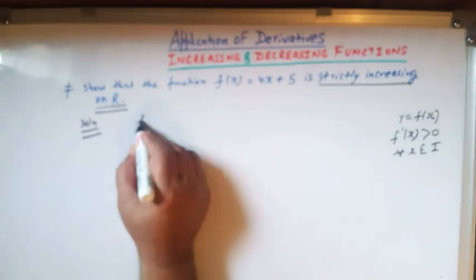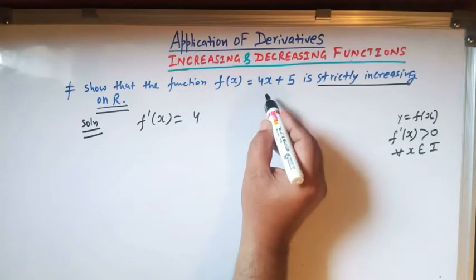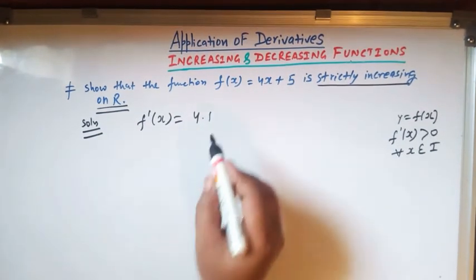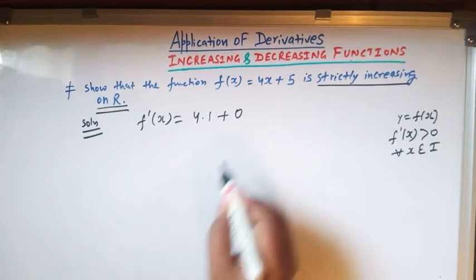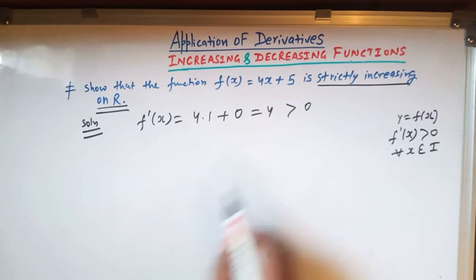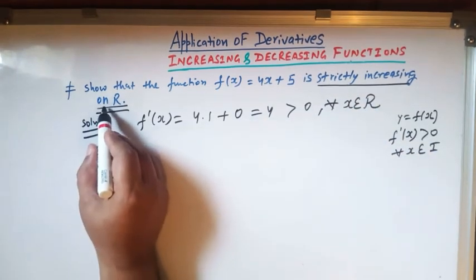Here the derivative of f is 4, because the derivative of x is 1 and the derivative of 5 is 0. And 4 is greater than 0 for all x belonging to the set of real numbers.